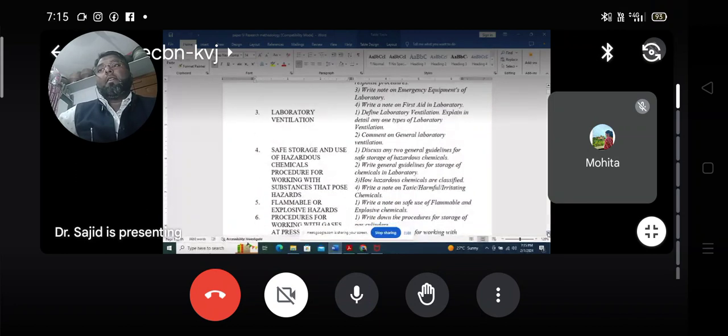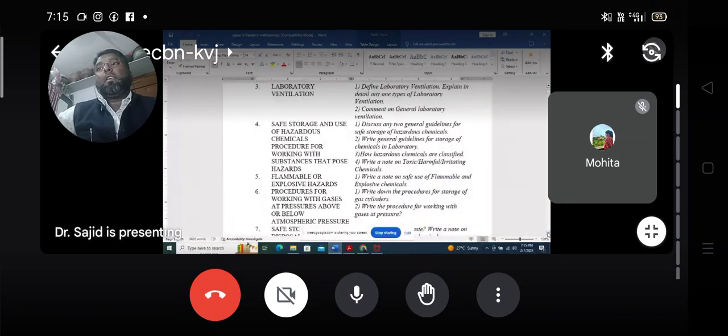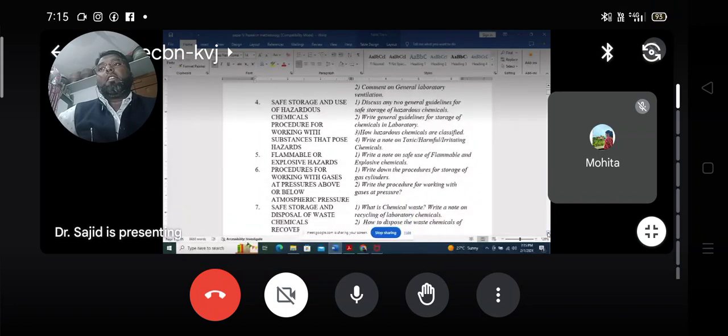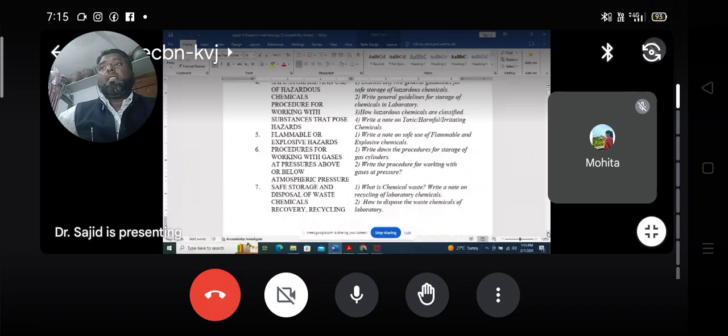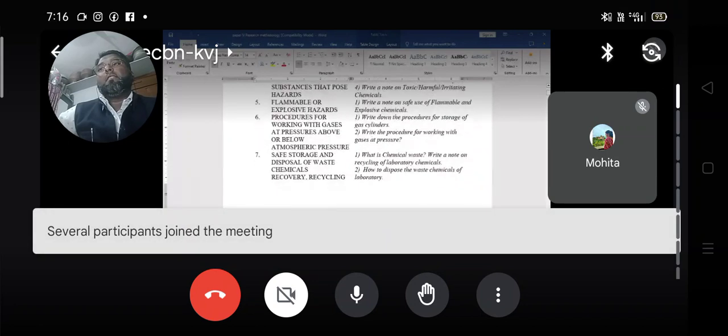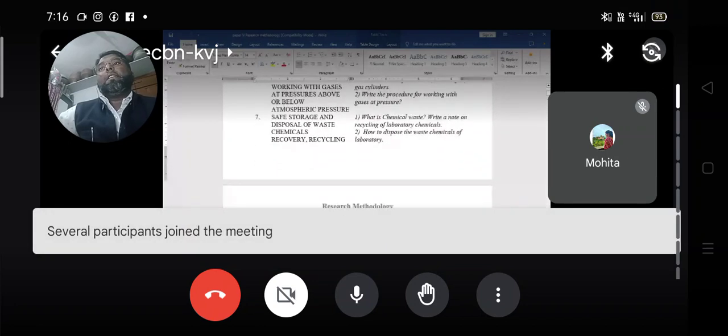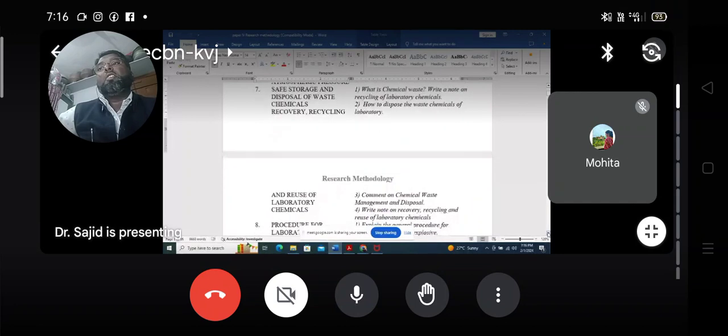Next, I split up that topic into flammable or explosive hazards. Then the 6th point I took is the procedure for working with gases at pressures above or below atmospheric pressure. Then safe storage and disposal of waste chemicals, its recovery, recycling and reuse.